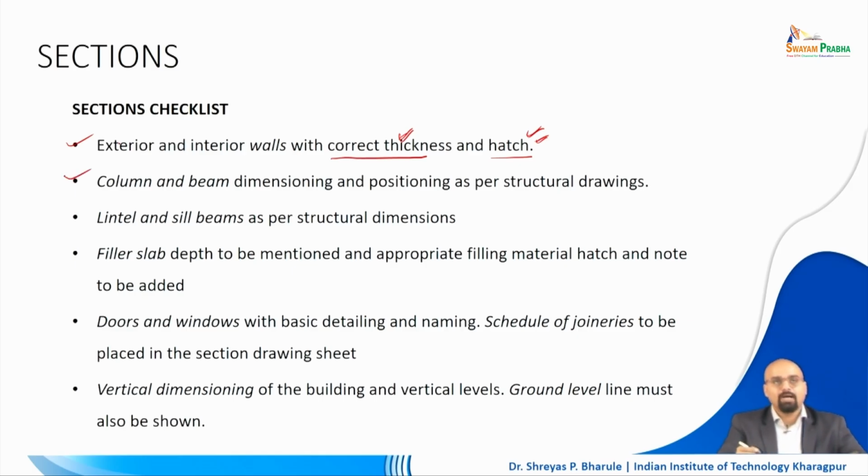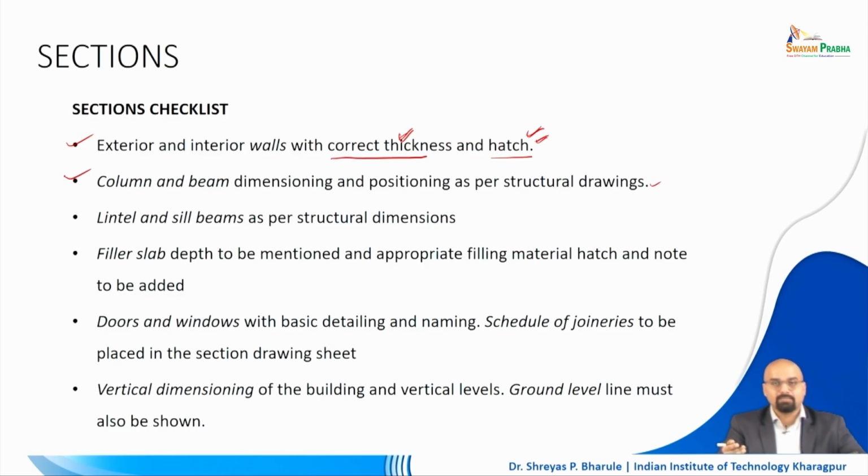Moving forward, we have the column beams and dimensioning. The column beams, dimensioning and positioning of all these structural elements need to be really effectively done, right. This can be taken from the structural drawings if there is a consultant in a particular project, or if the architect's office is doing it themselves, they will be using the center line plan which was done in the plans, right.